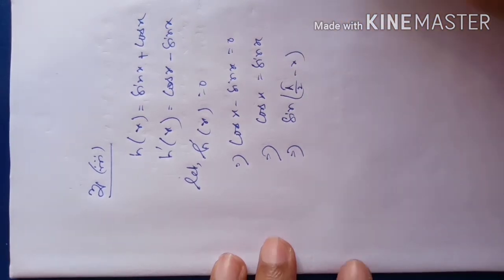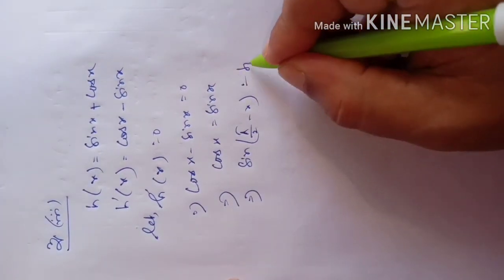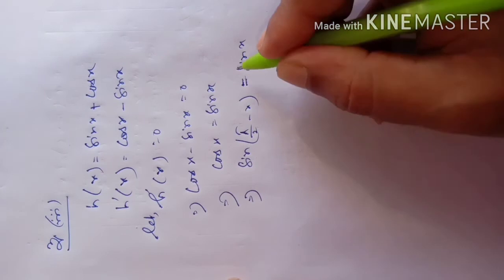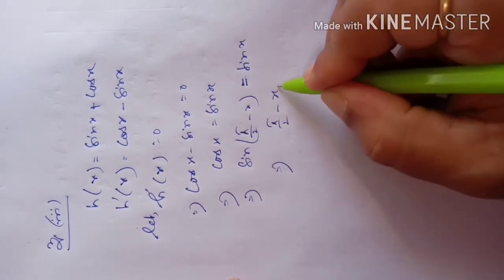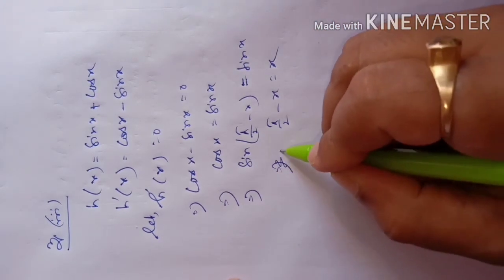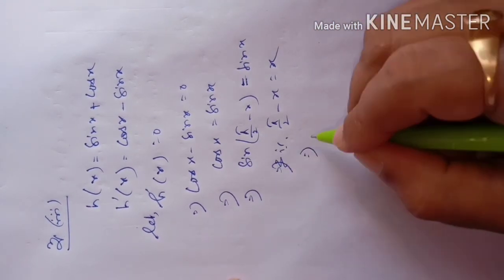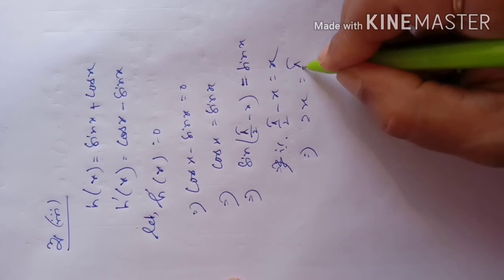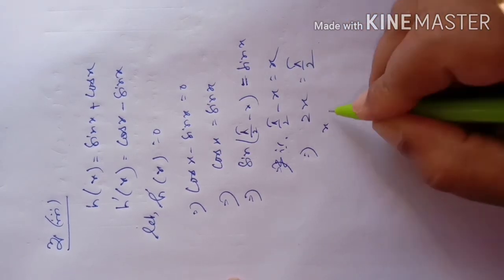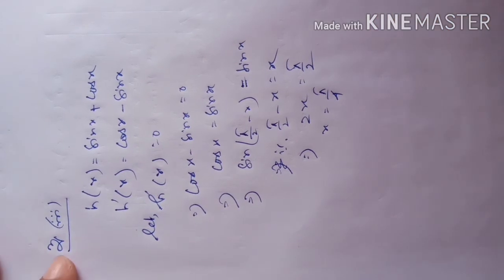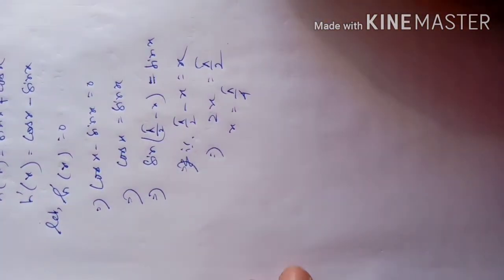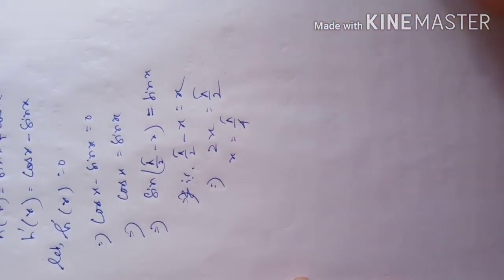Comparing both sides, pi by 2 minus x equals x. So twice x equals pi by 2, that means x equals pi by 4. Pi by 4 is the critical point.